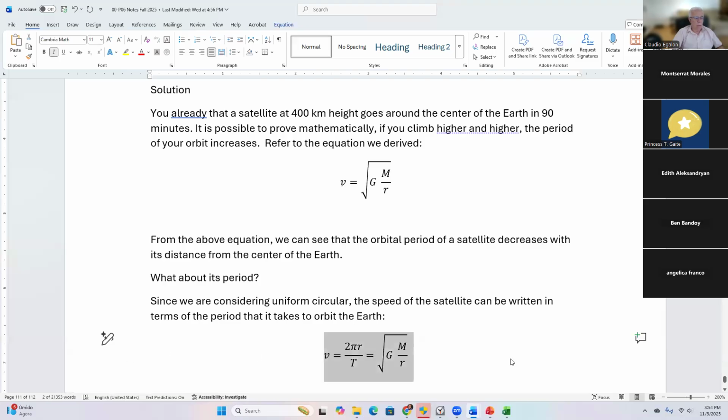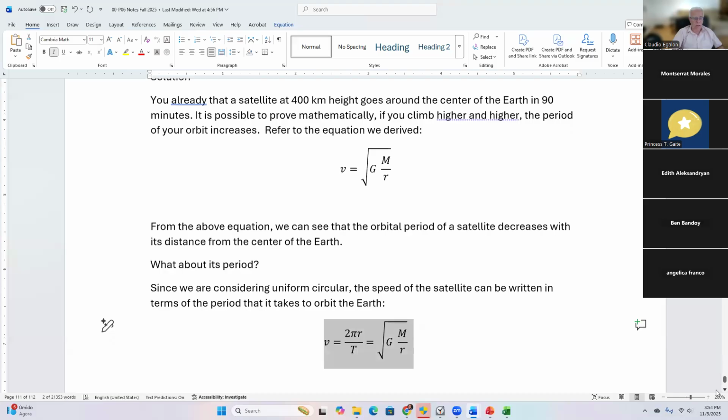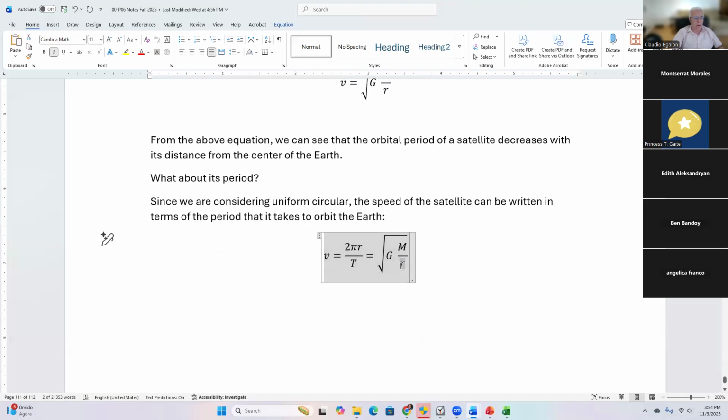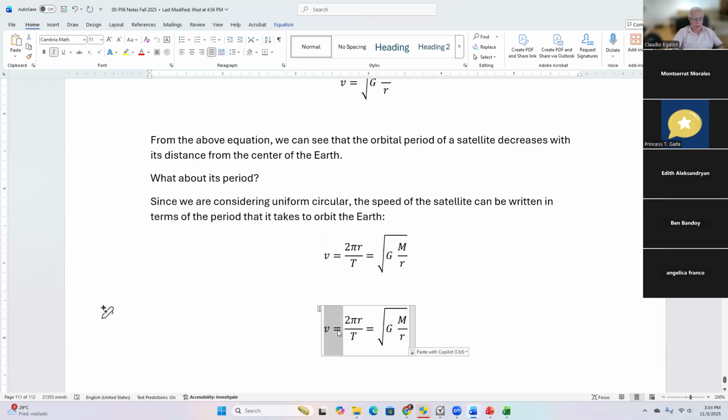And what do we want? We want to find out the distance of the satellite from the center of the Earth for a satellite that has a period of 24 hours. Okay? So here you go. We can write that as, take the inverse.